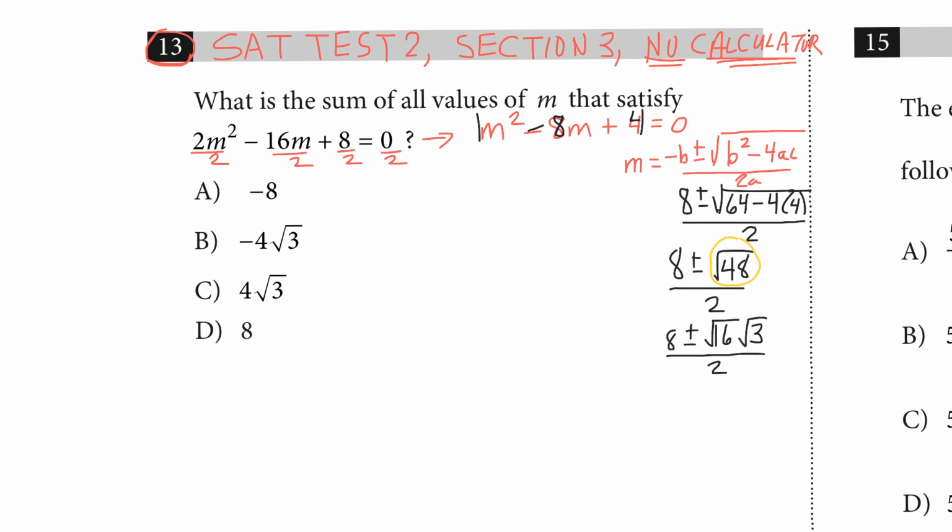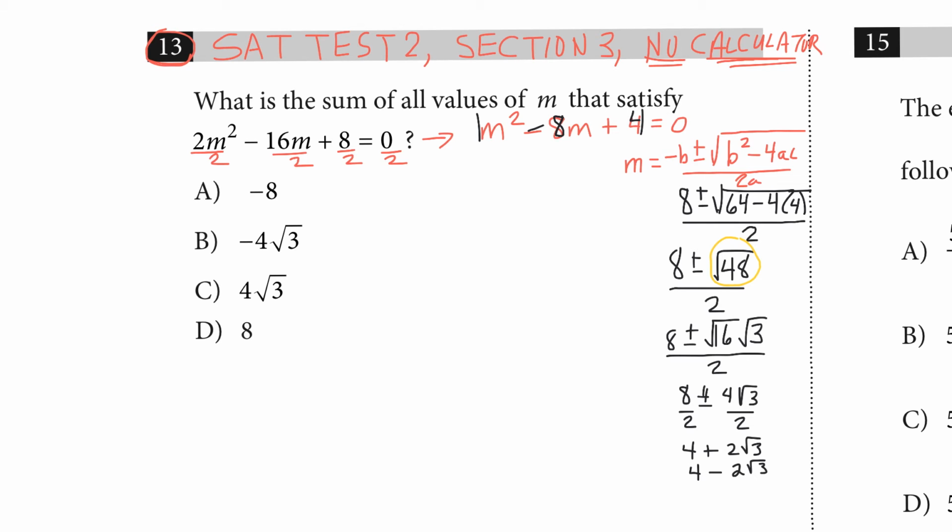And so the square root of 16 is 4, so what I really have is 8 plus or minus 4 square root of 3, and each of those is divided by 2. So it looks like my answers here would be 4 plus 2 square root of 3, and also 4 minus 2 square root of 3.